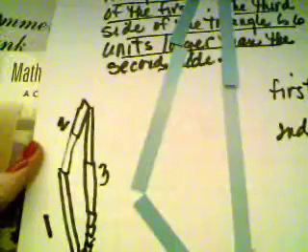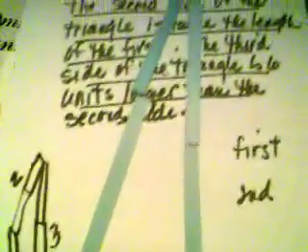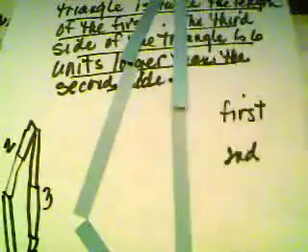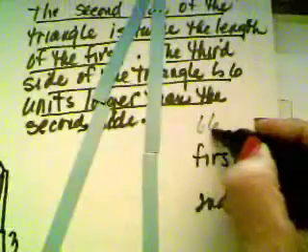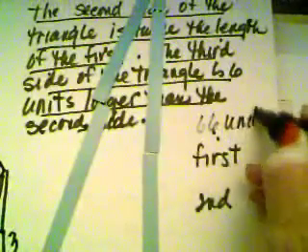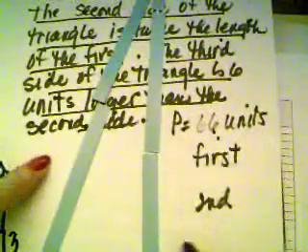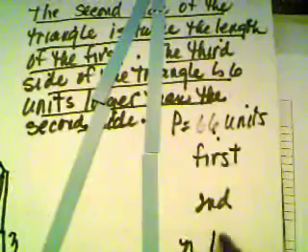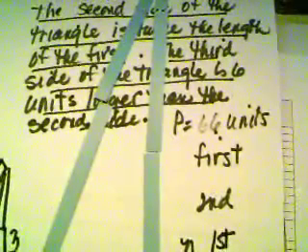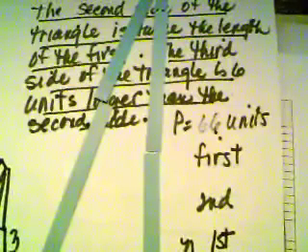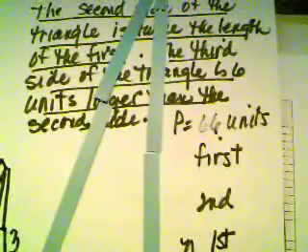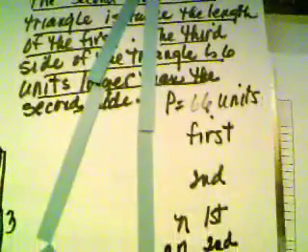Now we're going to take this information and add some more to it, and we're going to say that the distance around this, which is the perimeter, is 66 units. So if I let n represent the first side, 2n would represent the second side, and 2n plus 6 would represent the third side.